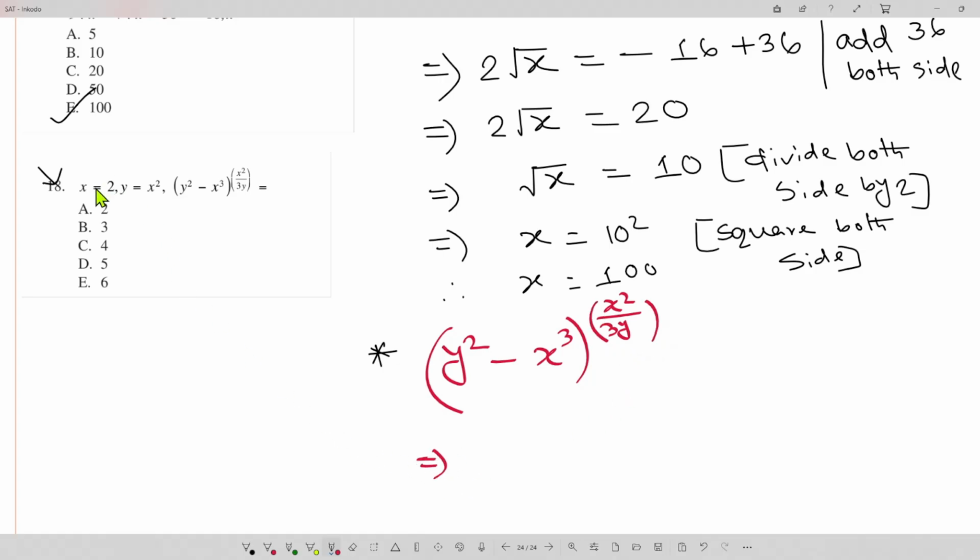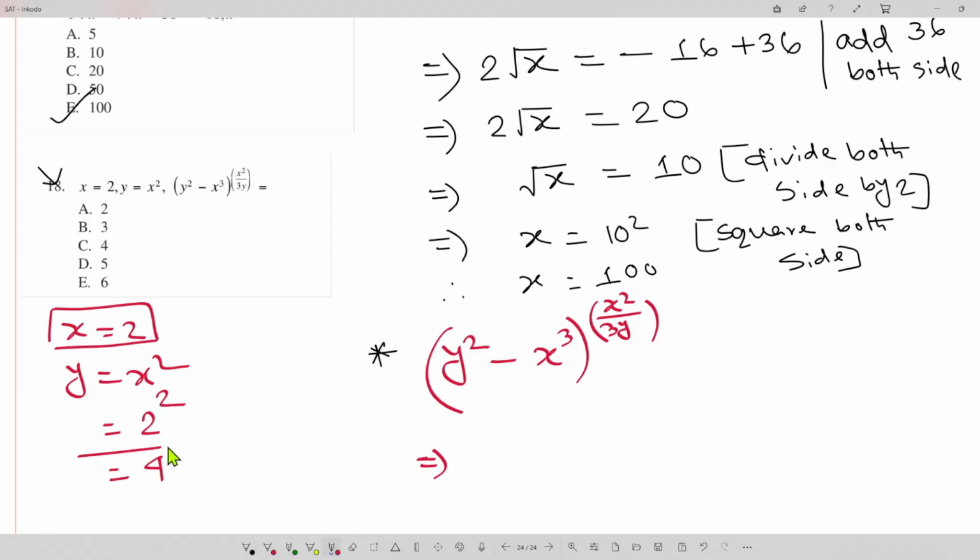So here x equals 2 and y equals x square. In this case we can first find the y value. x means 2, so we put 2 and square it, it will be 4. It means x equals 2 and y equals 4.